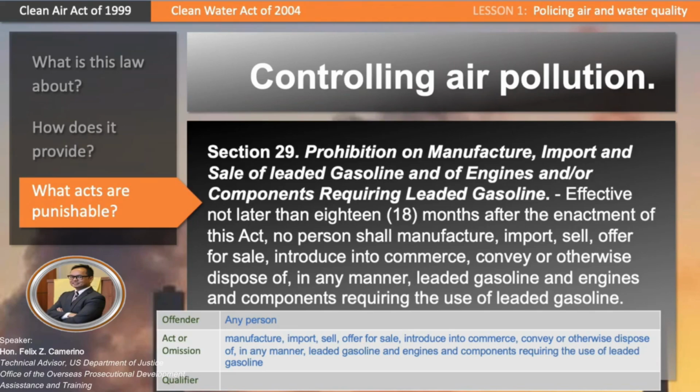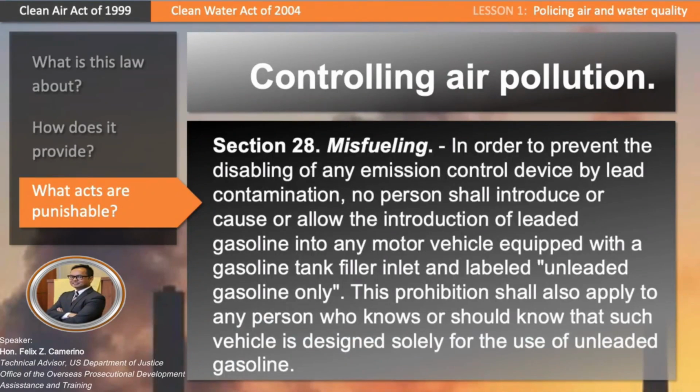The second one I chose for this demonstration also speaks to leaded gasoline. Let's look it up. Section 28, entitled misfueling. It starts on the second half of the first sentence.